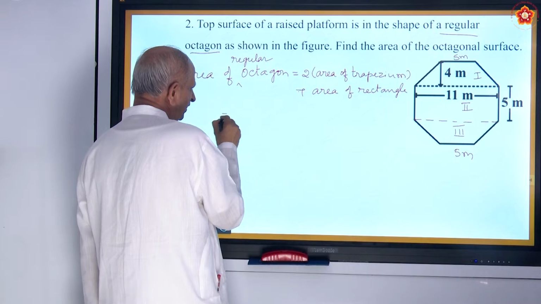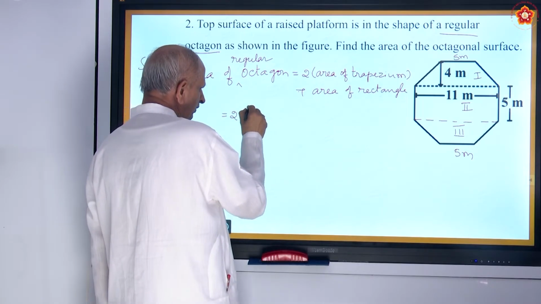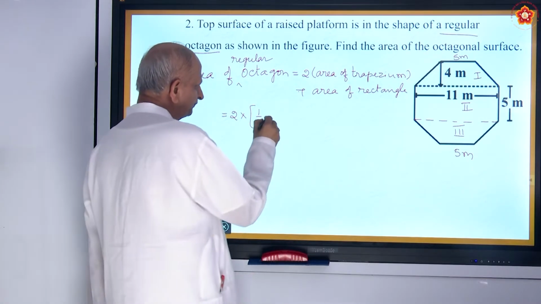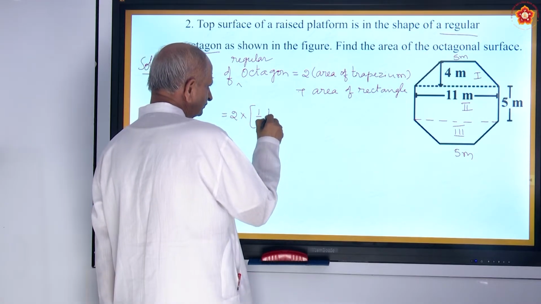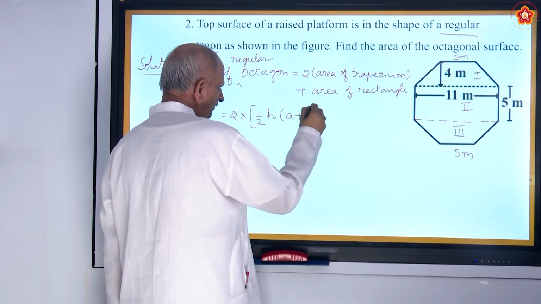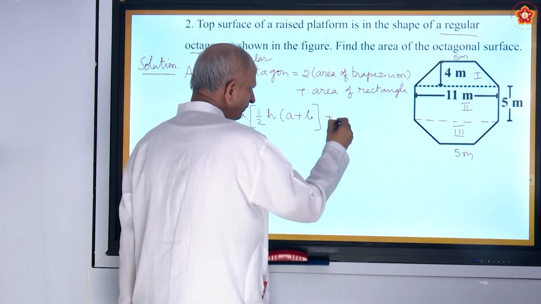So 2 times area of trapezium means what? 2 into area of trapezium, which is half h into a plus b. Half h into a plus b is the formula. And rectangle is L into b is the formula.